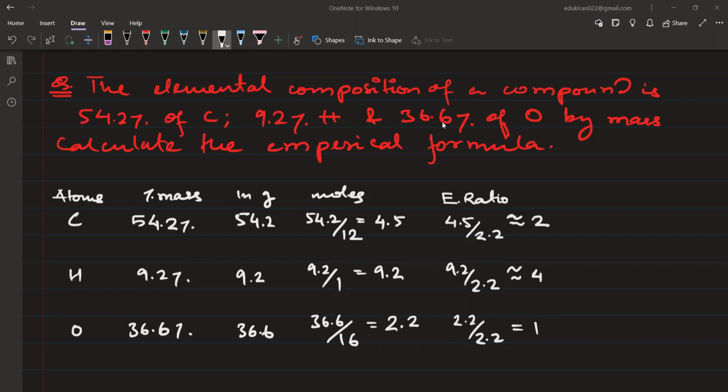Sir, I thought you should divide it by atomic number. So you divided this by 6, right? That's what I'm asking. You have to divide it by mass, molar mass. Please write this down.